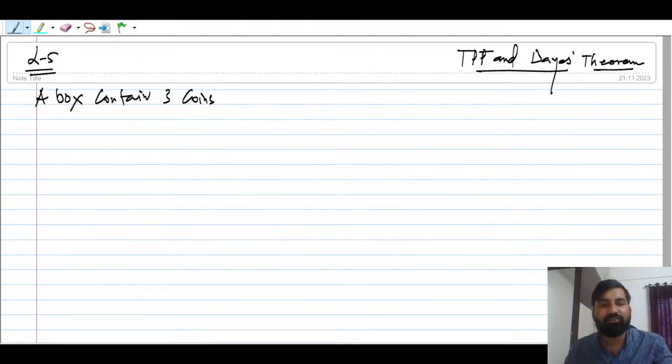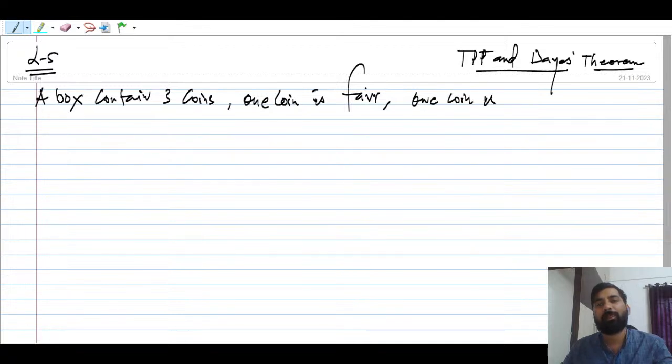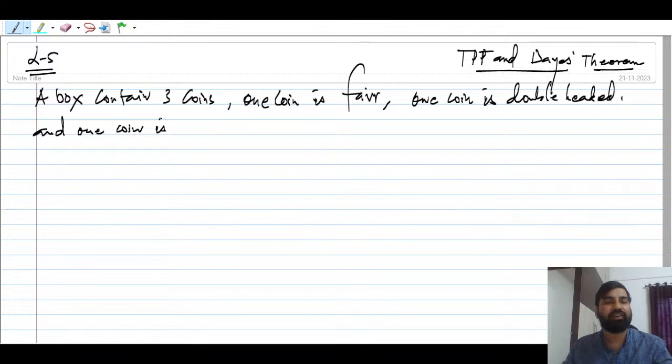One coin is fair. Each and every line you have to understand. One coin is fair, one coin is doubly headed, and one coin is weighted, and they have given the probability also.